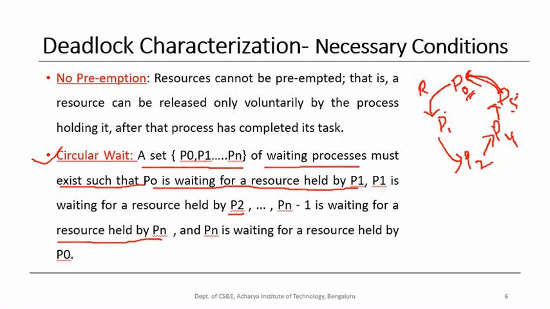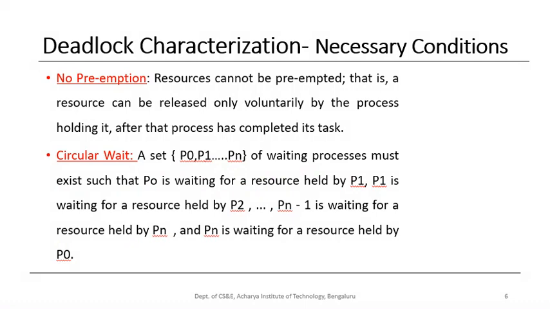A process holds a resource and makes a request for some other resource which is being held by another process, and waits for that resource till it gets released. This is called hold and wait. The third necessary condition is no preemption.